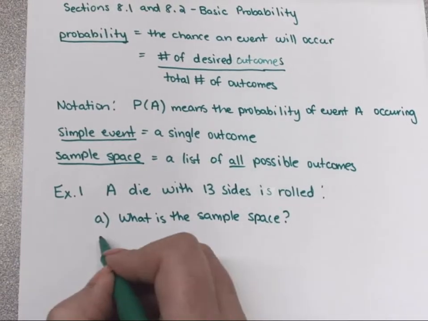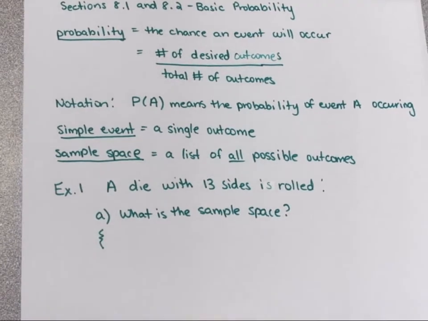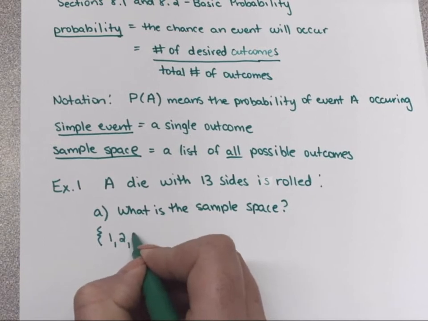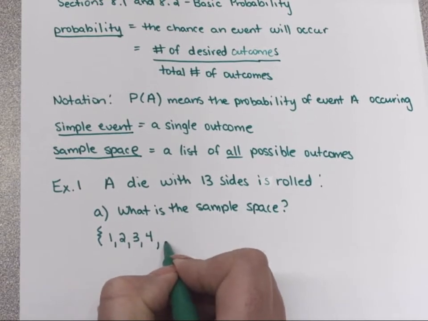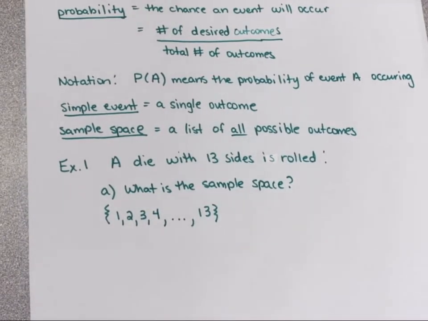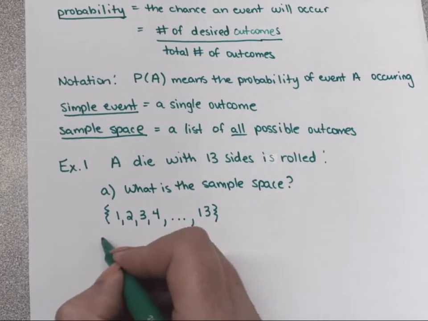When you list values in math, you use curly braces and commas to separate your different values. So anytime you're listing out items in a long list or a set, you use the curly braces. Notice that I may not want to write all the way to 13, so you can do stuff like this as long as it's clear what the pattern is. Notice the ... implies that I need to keep counting until I reach what number in the end? 13. So it's important that I include that last number if I'm going to use this kind of shortcut notation. Or you could just list them all out, but I'm trying to make it a little shorter here.